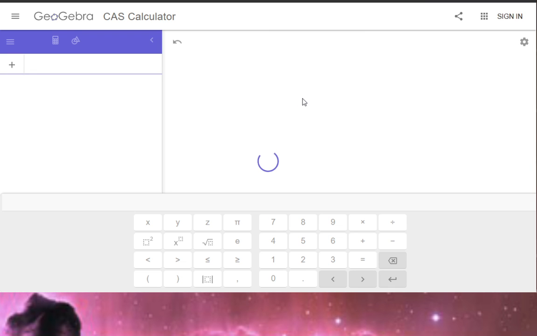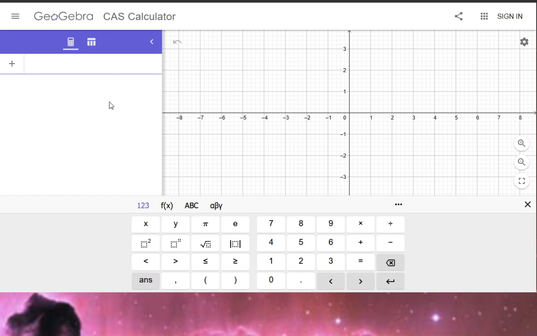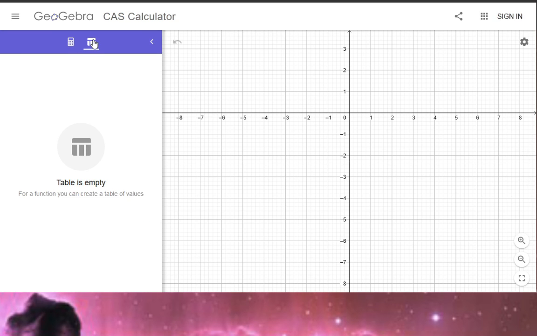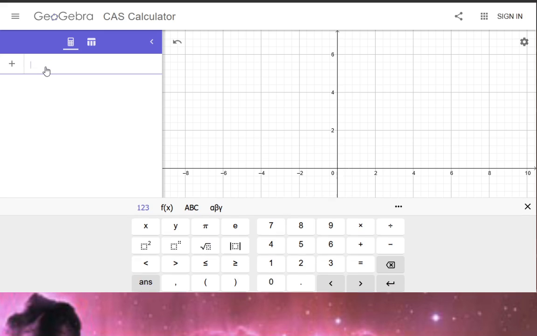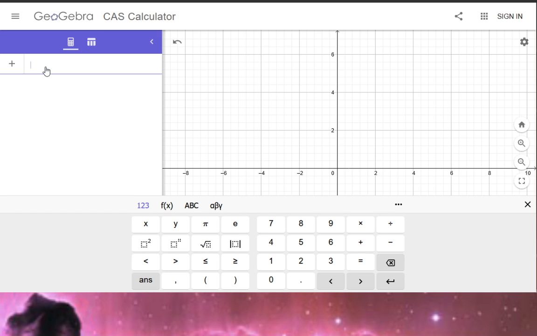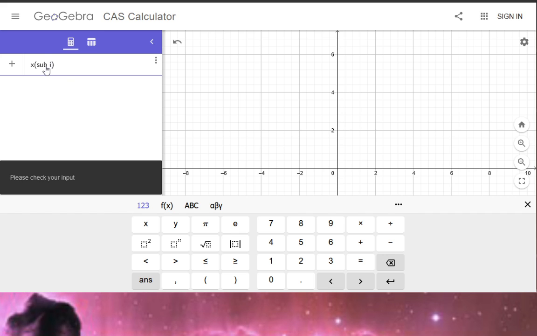What's this CAS calculator? Table. X. Wait a minute. X sub I. Please check your input.